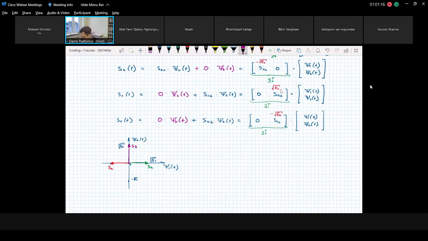And last, we start at 0 and go to 0 and minus square root of E0. This point corresponds to S4.